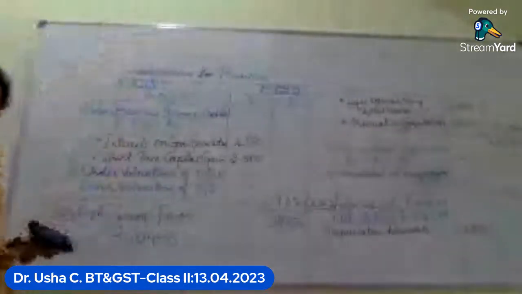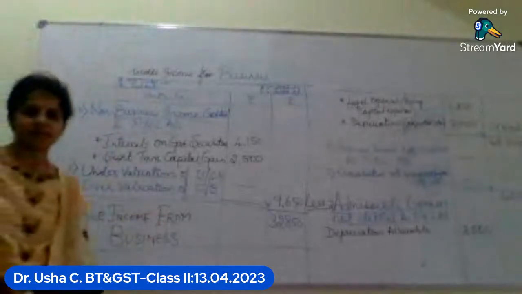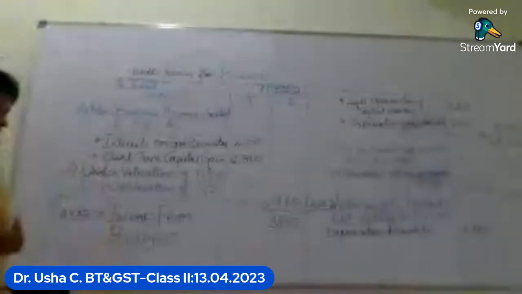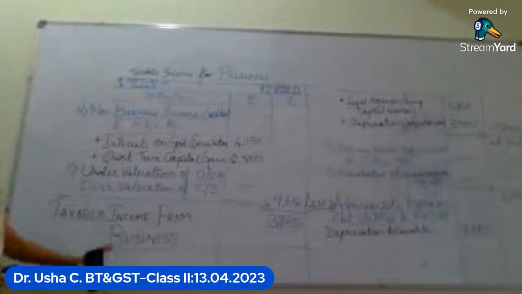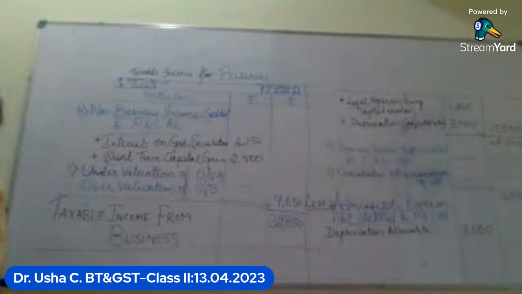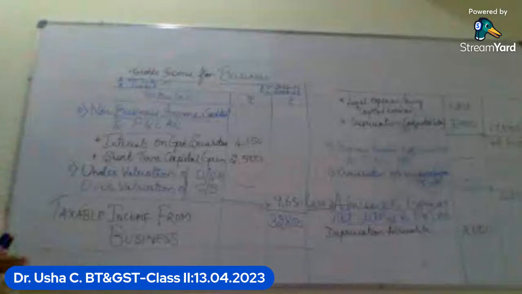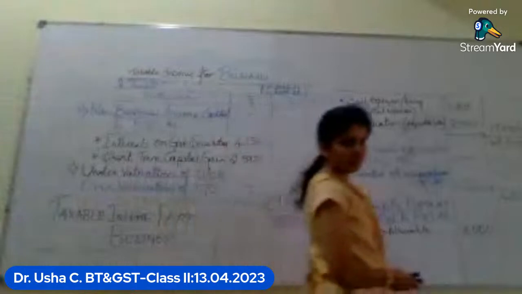The amount of taxable income from business is 32,850. Finished? Everyone got this? Anyone has a doubt in this? You want me to explain any of the items? Or else if you have understood, I can continue further. Finished everyone?